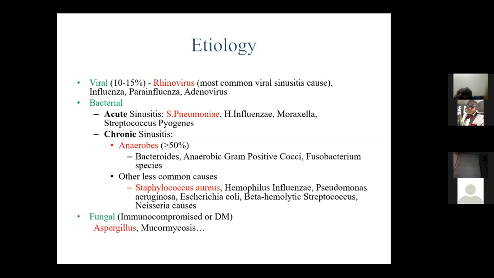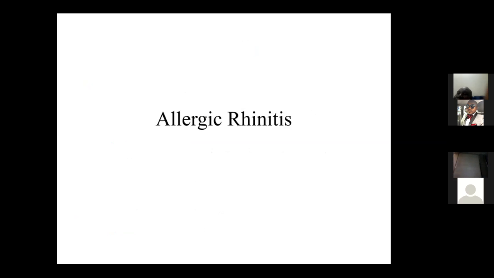Other less common causes are Staph aureus, Pseudomonas, and so on. For people who are immunocompromised, they can also have opportunistic fungal infections like aspergillosis and mucormycosis. Now we have allergic rhinitis.